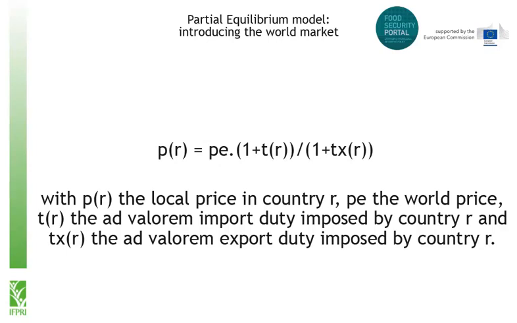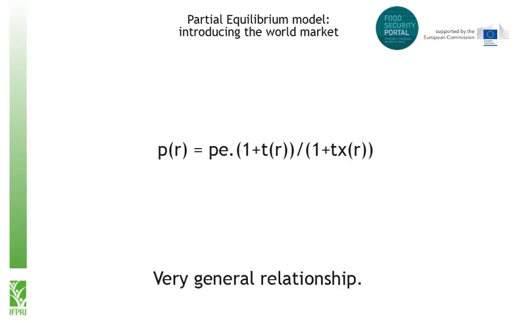This is a very general relation. Why? Because if you have free trade, then TR is equal to 0, TX is equal to 0, and so the local price is equal to the world price.